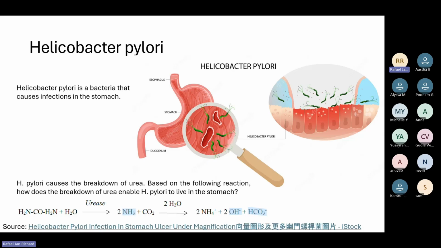And why in the stomach, you may ask? Because if you've learned about the digestive system in school, you have learned that the reason why there's such a low pH in the stomach is not just to break down proteins, although this is also an important function of the low pH in the stomach.